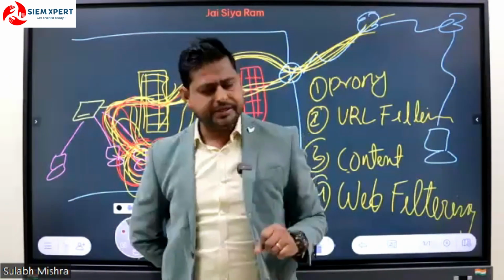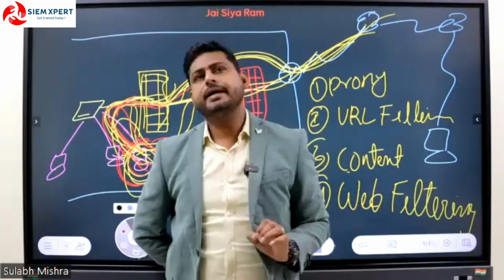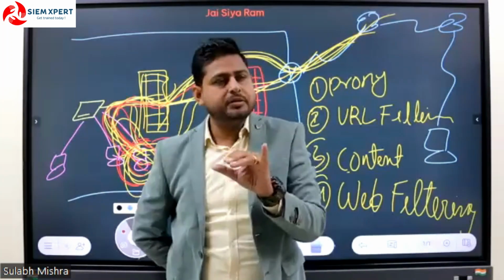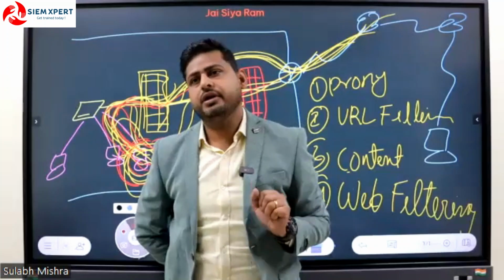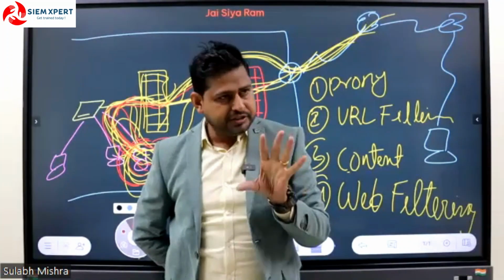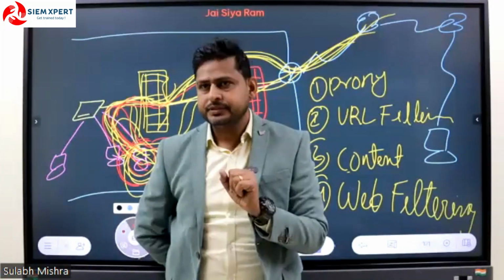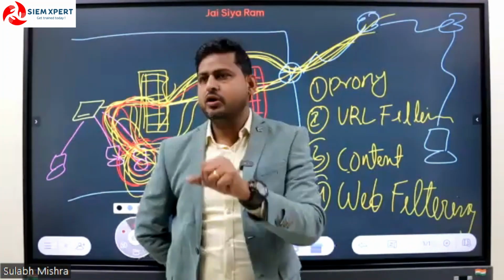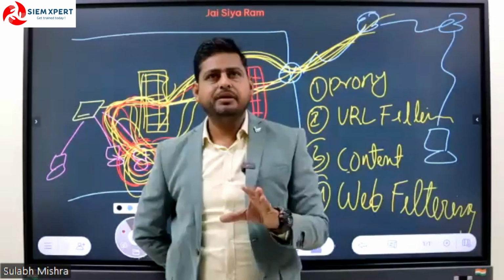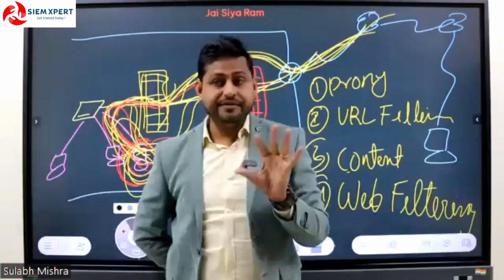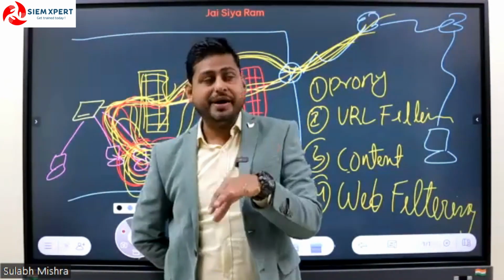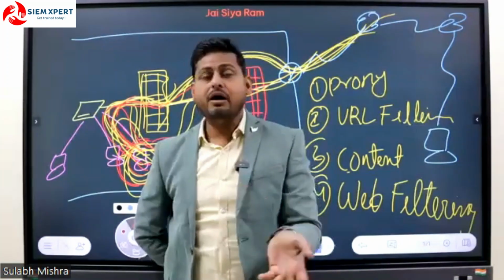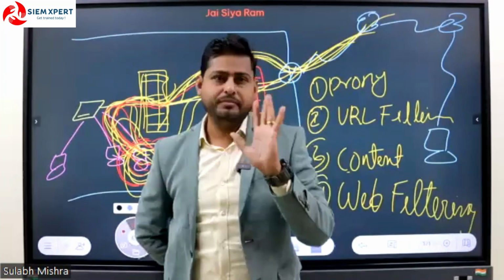Let's take an example. First, understand that a proxy device can be software or hardware. Proxy is the technology, first of all. There are multiple vendors who develop proxy solutions. For example, Blue Coat proxy is very famous. Blue Coat was acquired by Symantec. Now Symantec has been acquired by Broadcom.